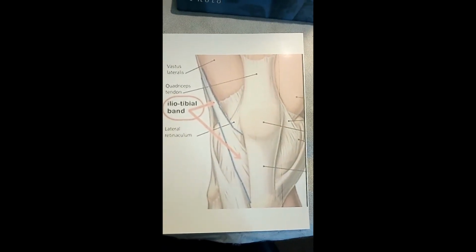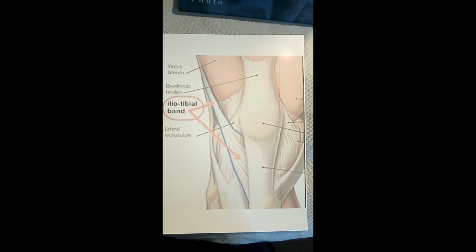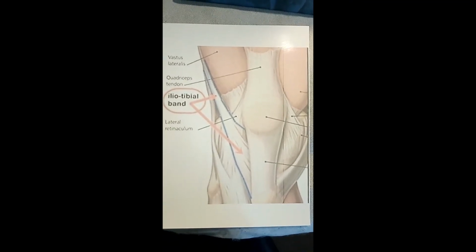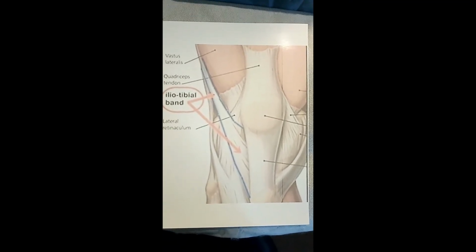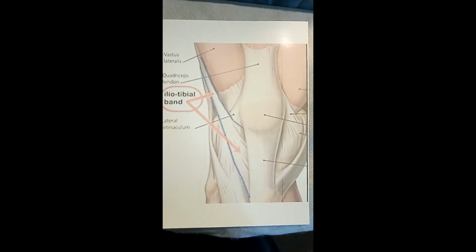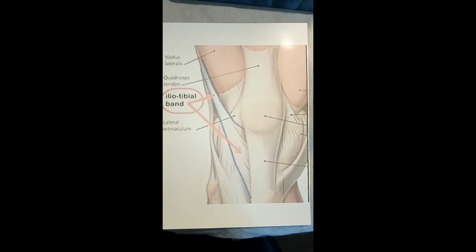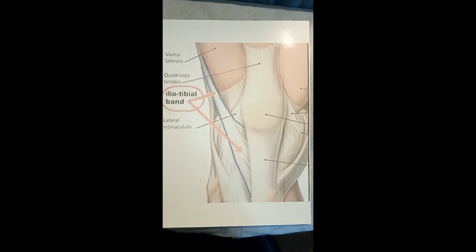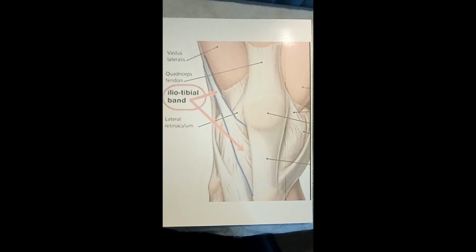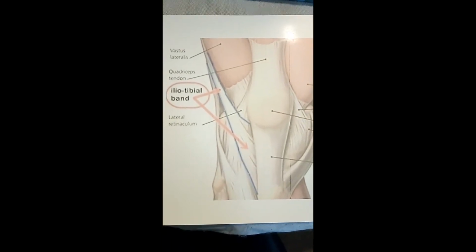It basically helps to abduct the hip, so raise it out to the side, and also to stabilize the knee in flexion and extension. The IT band will pass across the end of the thigh bone, which is the femur, that long bone.